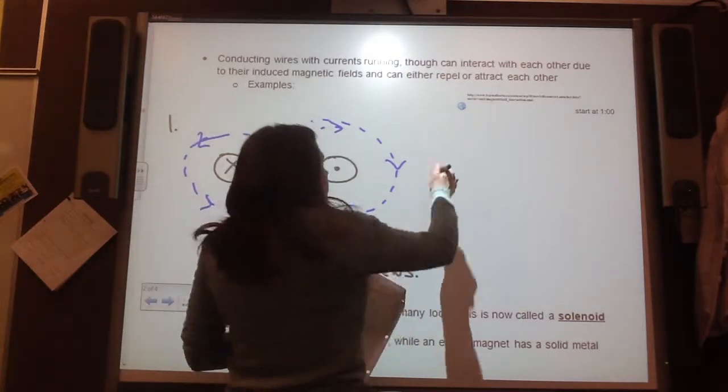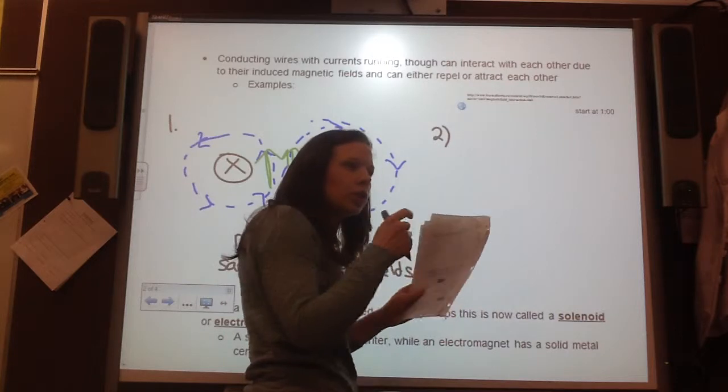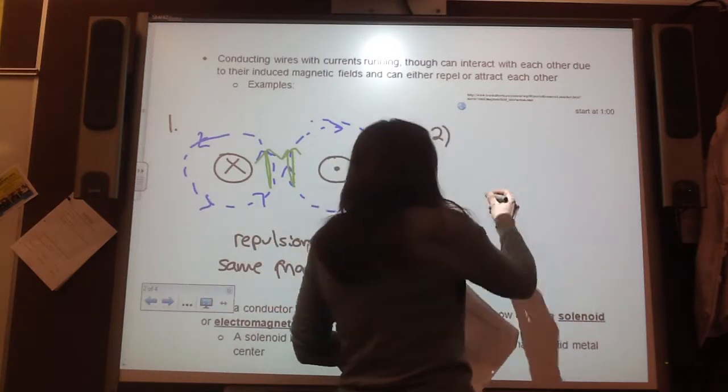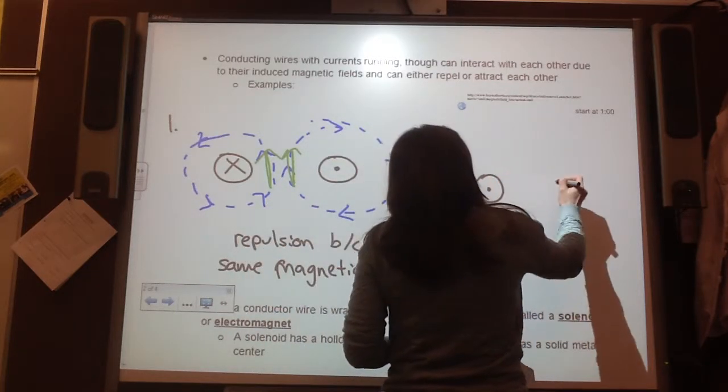So now let's do a second example where we put two wires that are the same. Let's say they're both coming out.